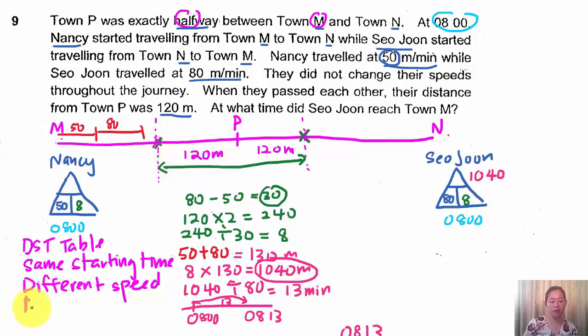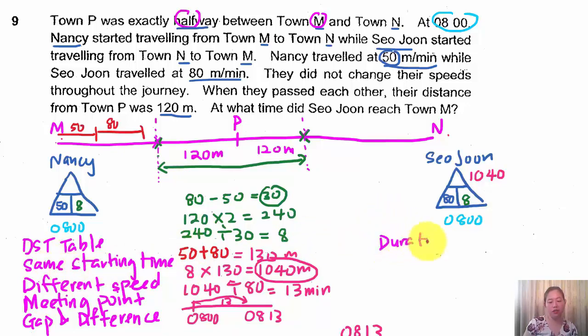Since they meet, we are learning about meeting point, and we also learned about gap and difference, because what we did was find the total extra distance and divide it by the catch-up speed. Finally, we also learned about duration and the 24-hour clock.